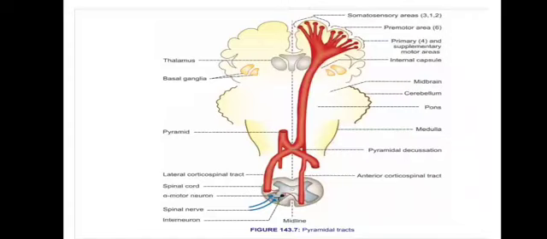At the same time, the anterior corticospinal tract, after reaching the white column, will synapse with the alpha motor neuron and beta motor neuron on the opposite side, either directly or through the internuncial neuron. This is the explanation of the pyramidal tract, and this is a diagram.